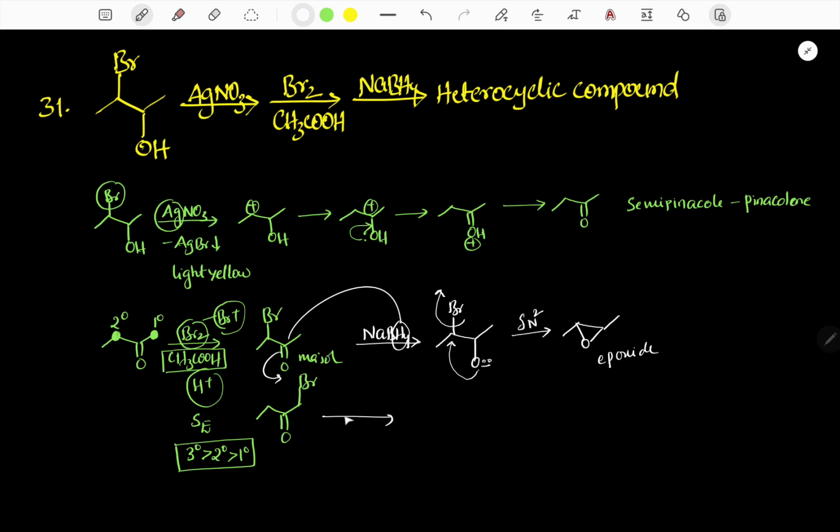Suppose it is participating in the reaction: H minus attacks this carbon, the pi bond is shifted, then intramolecular SN2 reaction, and the corresponding epoxide is formed. This intra SN2 is also known as NGP mechanism.